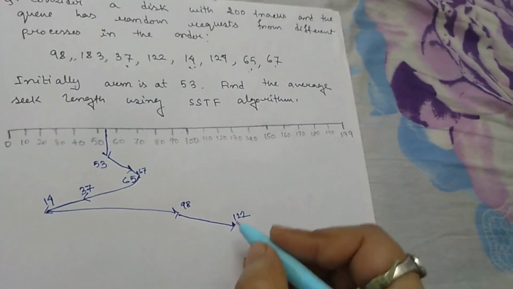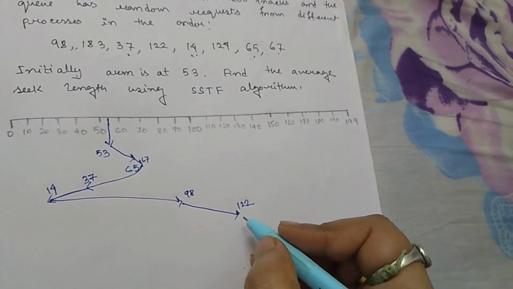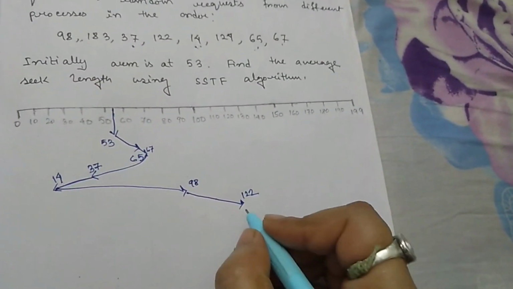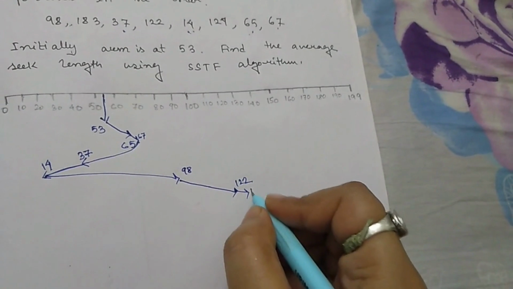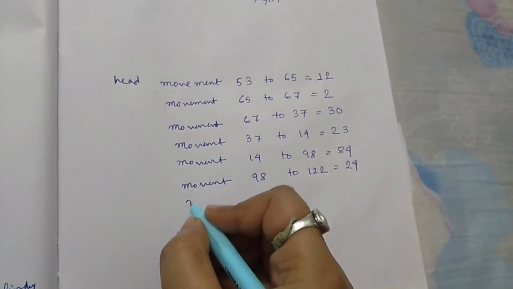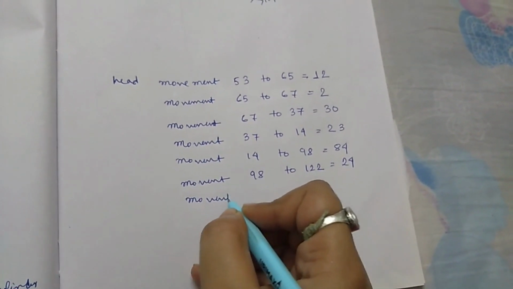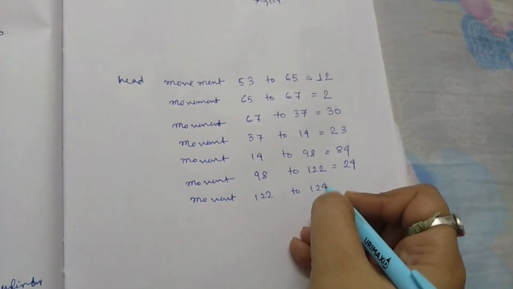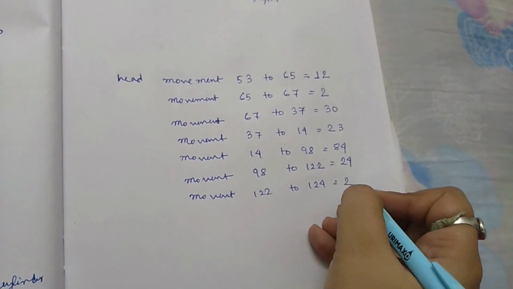Next we find the nearest job to 122. Here we see that 124 is the next nearest job. Again we calculate the head movement in the similar way: 122 to 124, and the gap is 2.